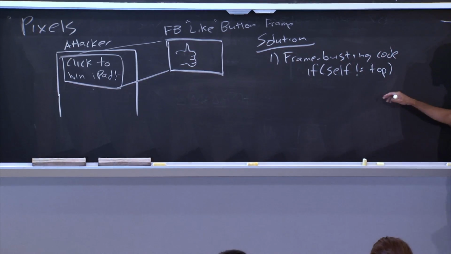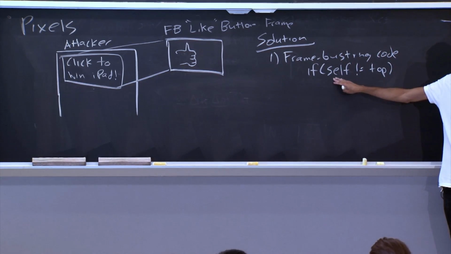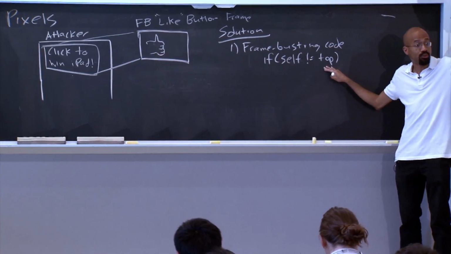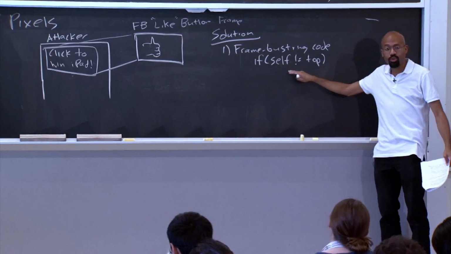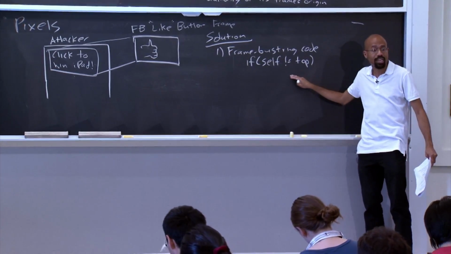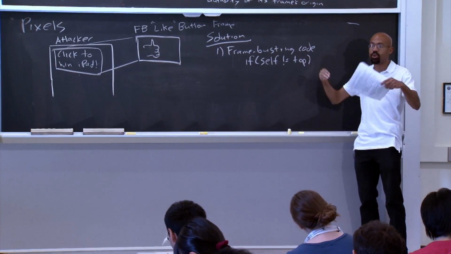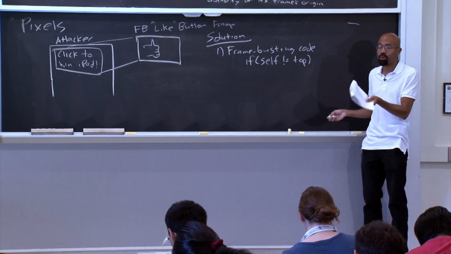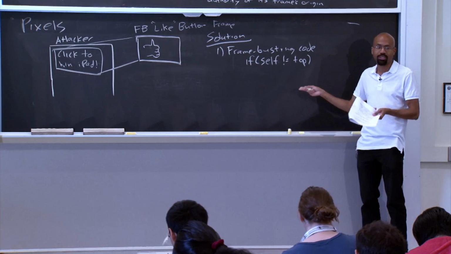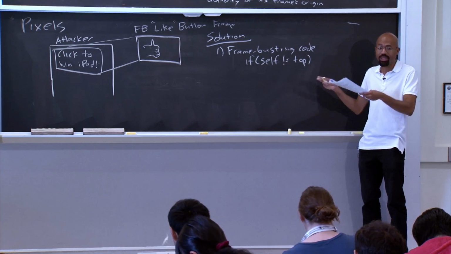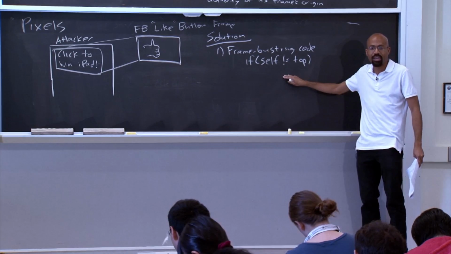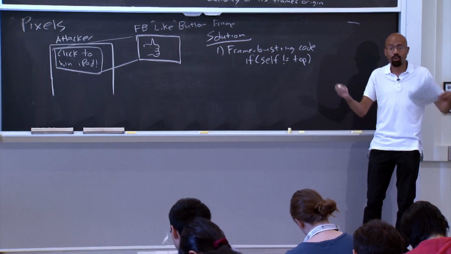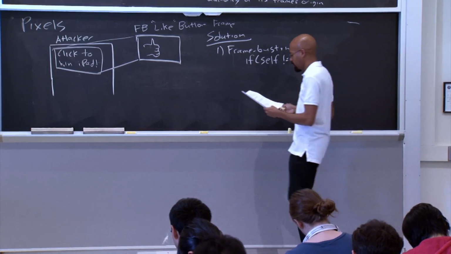In the JavaScript world, self refers to the frame that you yourself are in. Top refers to the frame at the top of the frame hierarchy. So if you do this test and you find out that self is not equal to top, then you realize that you are a child frame, and then you can refuse to load or do things like this. This, in fact, is what will happen if you try to create a frame for, let's say, CNN.com. You can actually look in the JavaScript source and see that it does this test, because CNN.com doesn't want other people taking credit for its content. So it only wants to be the topmost frame. So that's one solution you can use here.